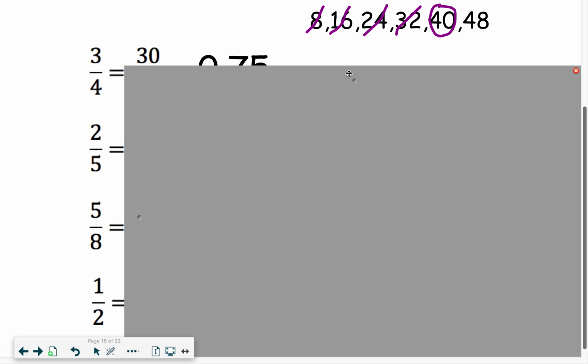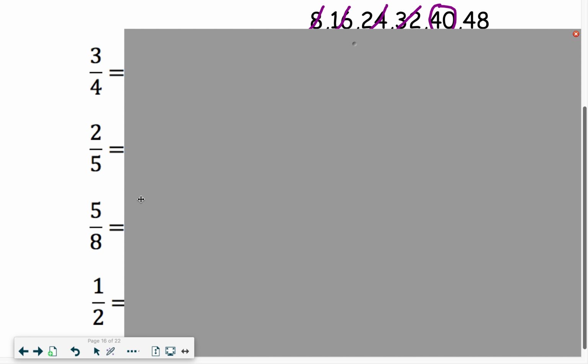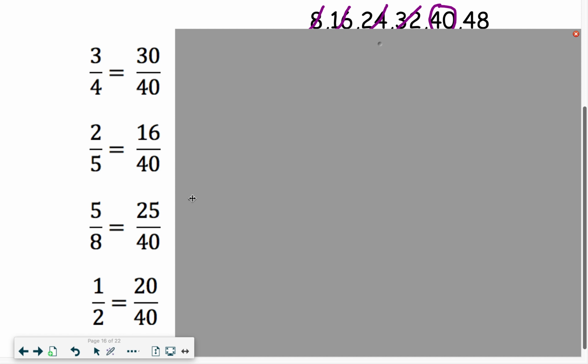I know you saw it's 0.75, but I wanted to do the fractions first. So if I change them all to equivalent fractions, I would get 30/40, 16/40, 25/40, and 20/40.